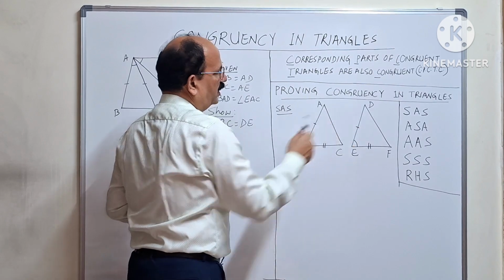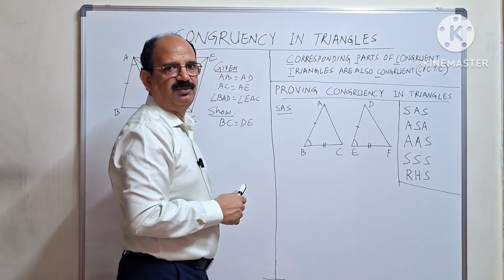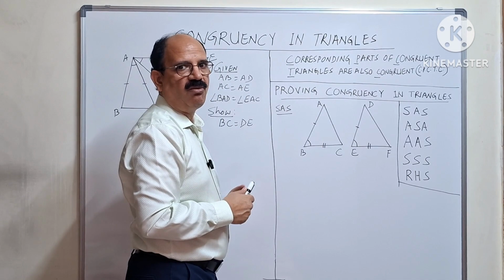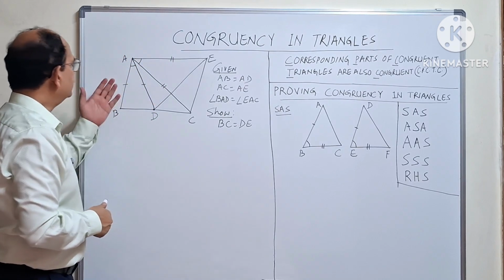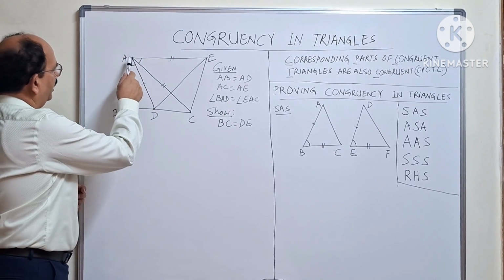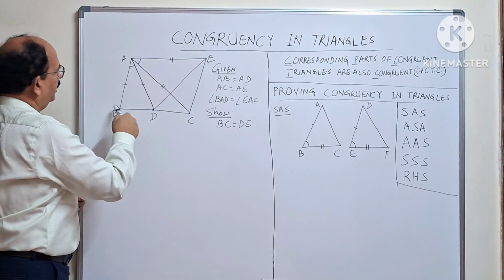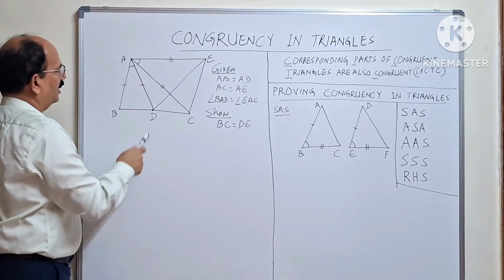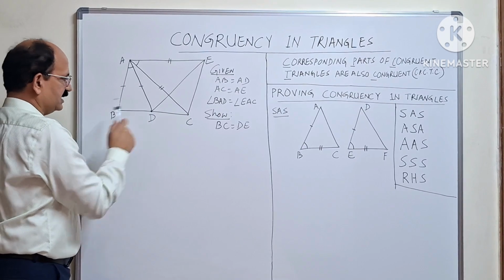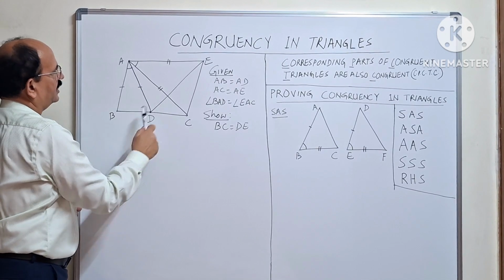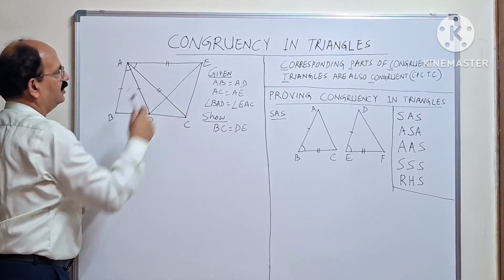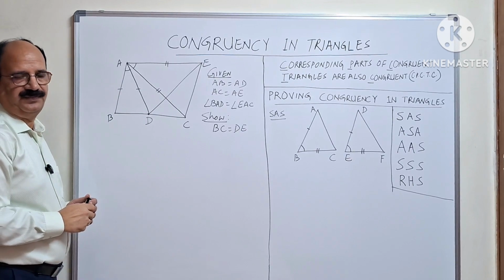Which criteria you will try using for proving congruency depends on what is given and what is to be proven. Let's take this example where there is a rectangle ABCE and there is a point D on BC. AD and AC are connected and DE is also connected.